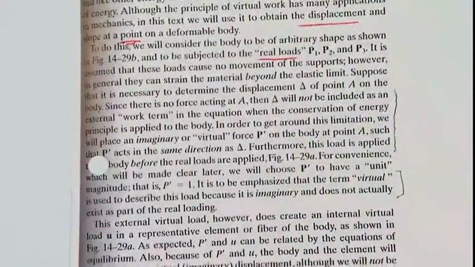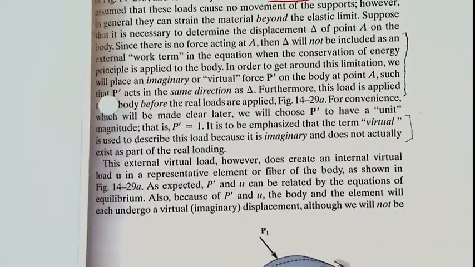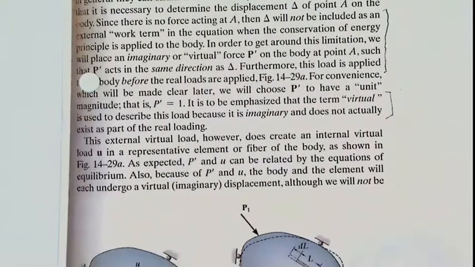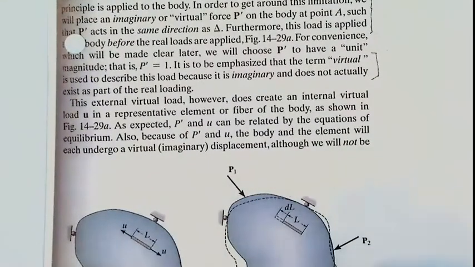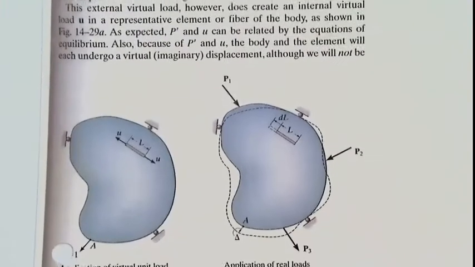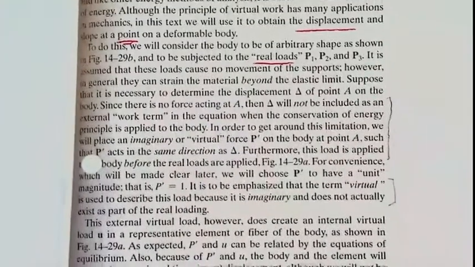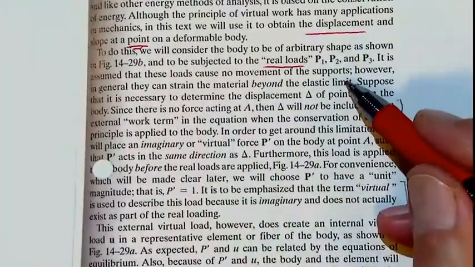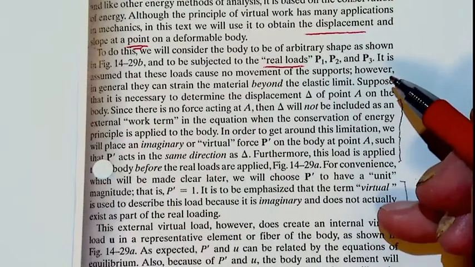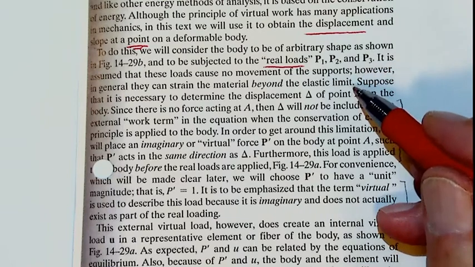Real loads P1, P2, and P3. Okay, there are 3 loads. We can show more loads, but of course we show just 3. It is assumed that these loads cause no movement of the supports. That is understandable. However, in general, they can strain the material beyond the elastic limit.